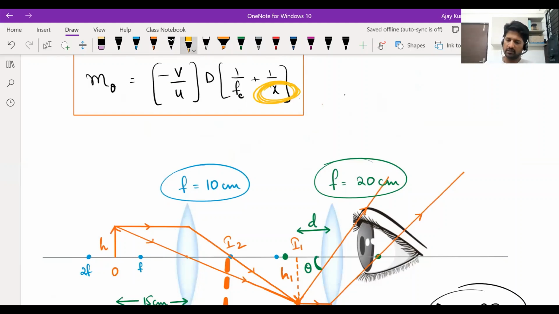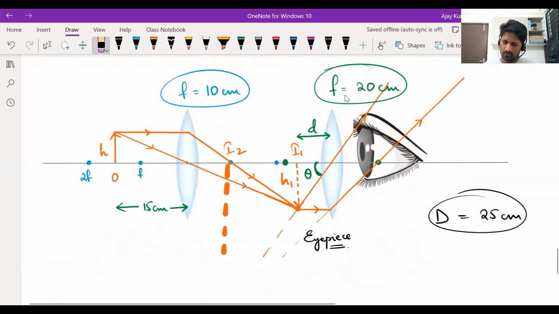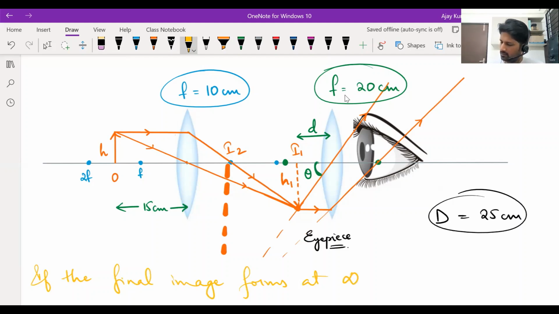Based on that, you can tell the magnification. So let's take one case. If the final image forms at infinity, how much is the angular magnification produced by this compound microscope? Try to solve this.